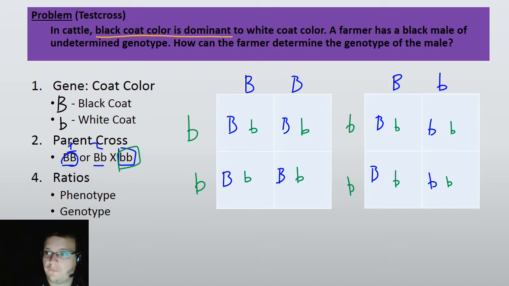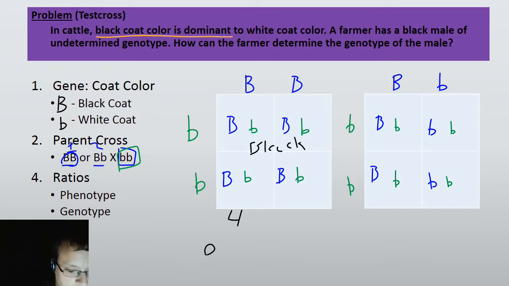So let's look at the first Punnett square. So let's figure out the phenotype. If we look at the phenotype for the first Punnett square, they are all black. So we have 4 black to 0 white. The genotype, remember you could possibly have 3, but all of them are 1.